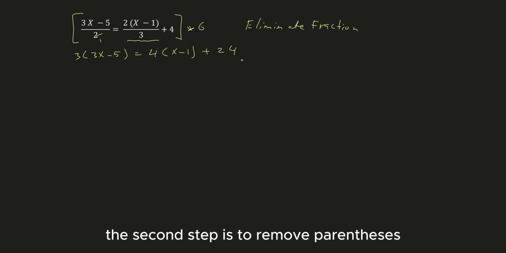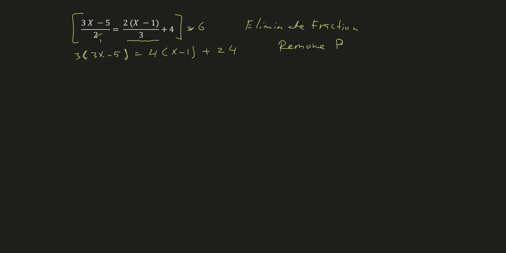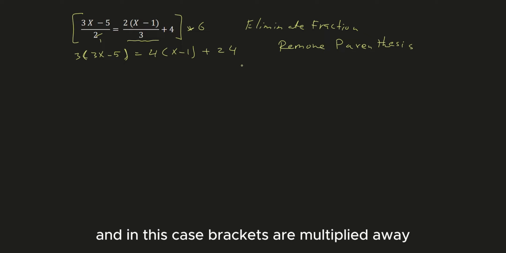The second step is to remove parentheses. Here we have the parentheses, and we remove them. In this case, the brackets are multiplied away.